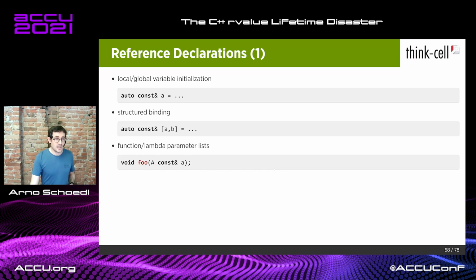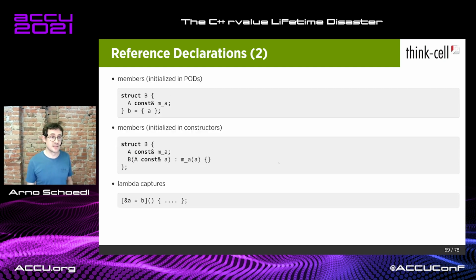So, in order to jog our memory of what kind of declarations I'm talking about, I made a list of where references are declared. First of all, you have local or global variables. You have structured bindings, very similar. You have parameter lists, so declarations of functions that contain references in their parameter lists.